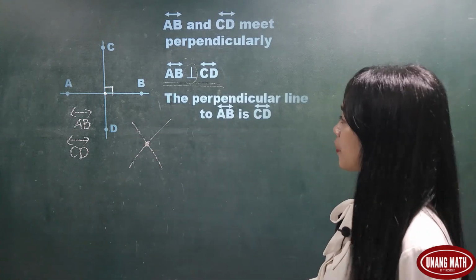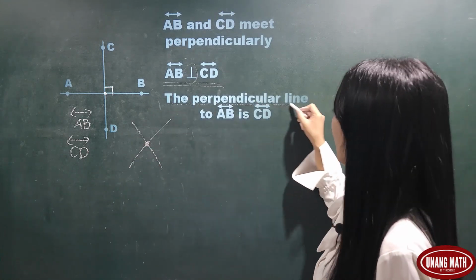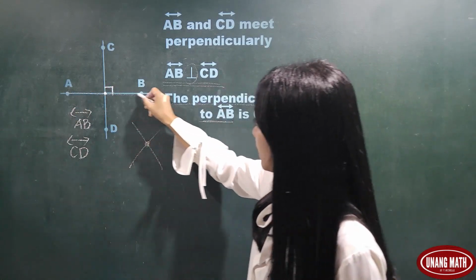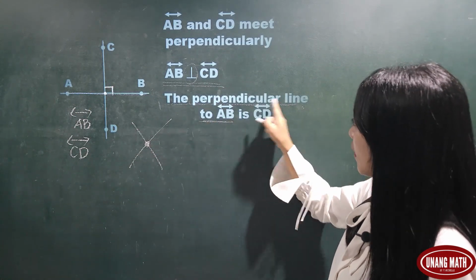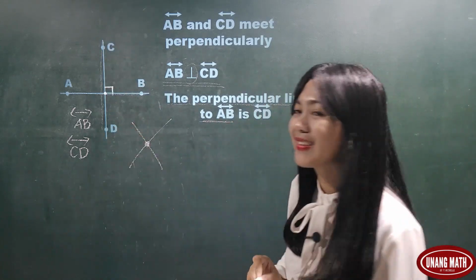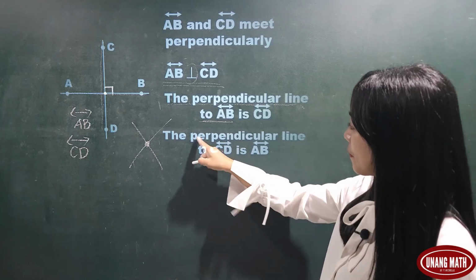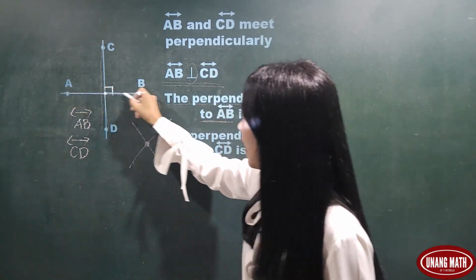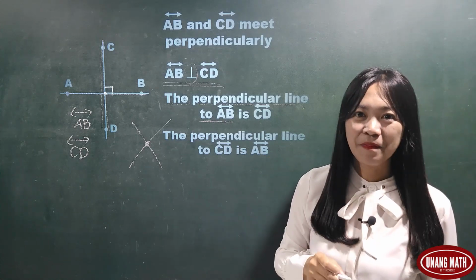So in this figure, the perpendicular line to line AB, so where's line AB? This line. The perpendicular line to line AB is line CD. Or the perpendicular line to line CD is line AB.